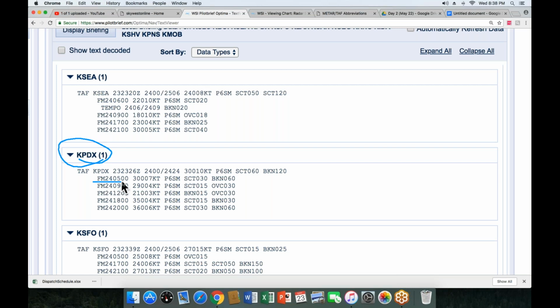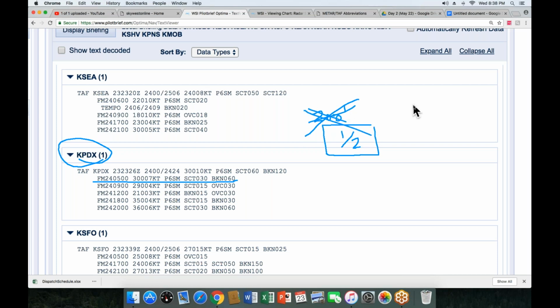So for legal to go, we're going to come here at 0530, and at Portland, their runways have ILS, and their minimums are 200 feet for the ceiling and half mile for the visibility. This is a standard ILS minimums, right? So we would take a look at this half mile visibility. We don't even care about the ceiling.